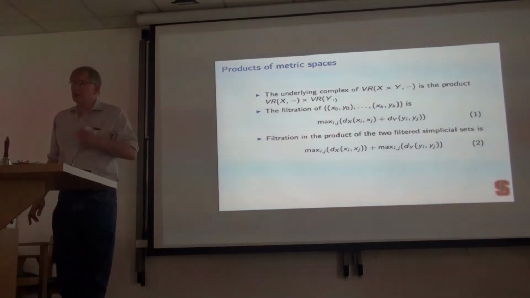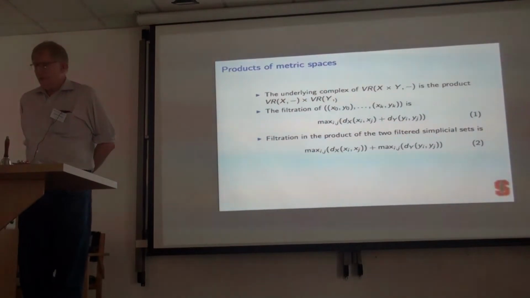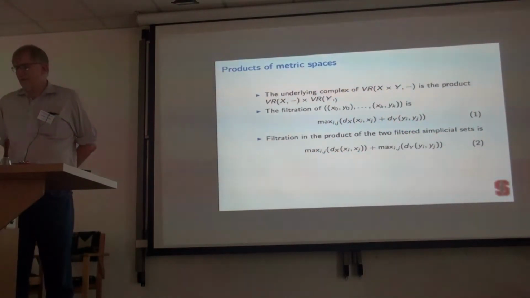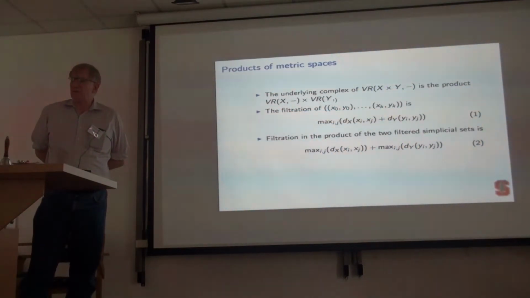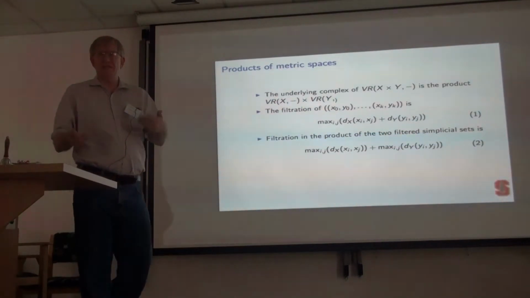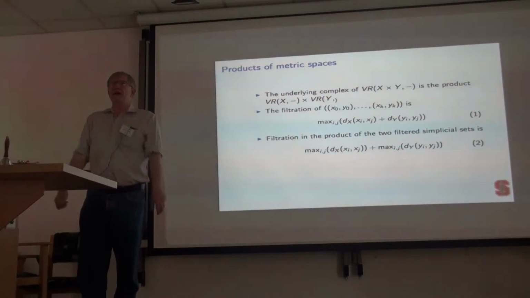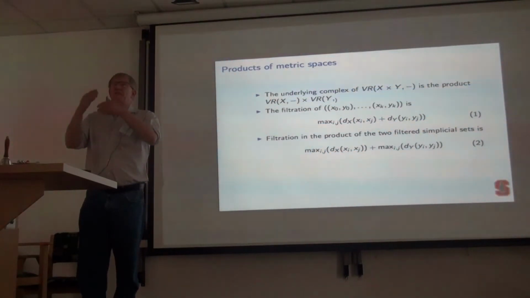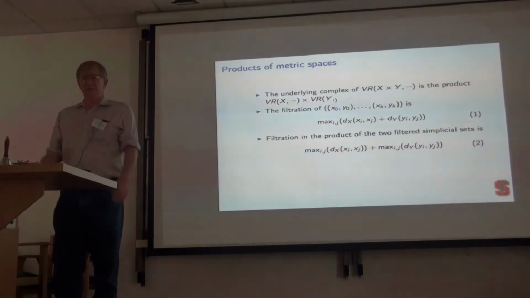The filtration in the Vietoris-Rips complex is given by what's in row number 1 there, whereas the filtration in the product of the two filtered simplicial sets is the two maxes added together instead of the max of the sums. And those two are obviously different. But nevertheless, you could be a crazy optimist and say, well, it's a small difference, it doesn't matter, maybe I believe that the Künneth formula is going to hold anyway. Maybe it holds up to homotopy or something.